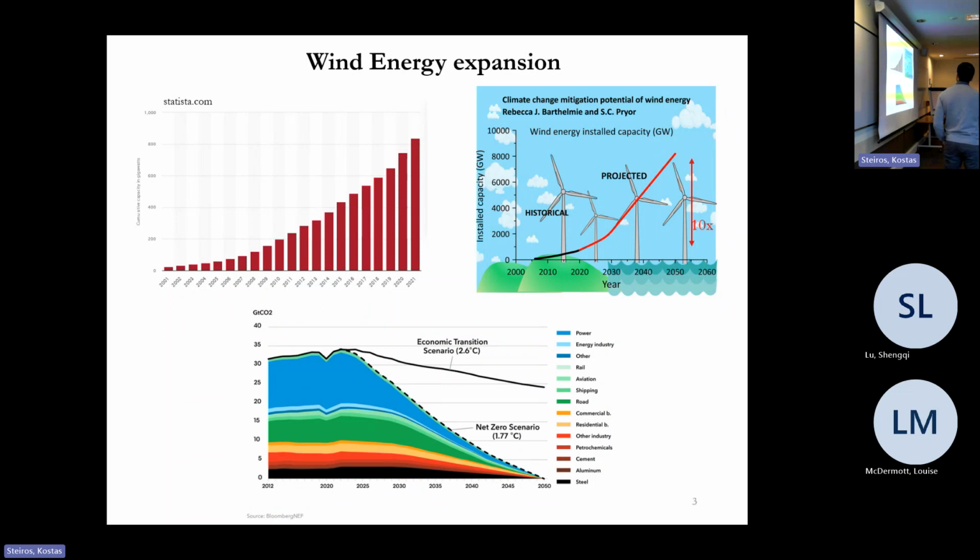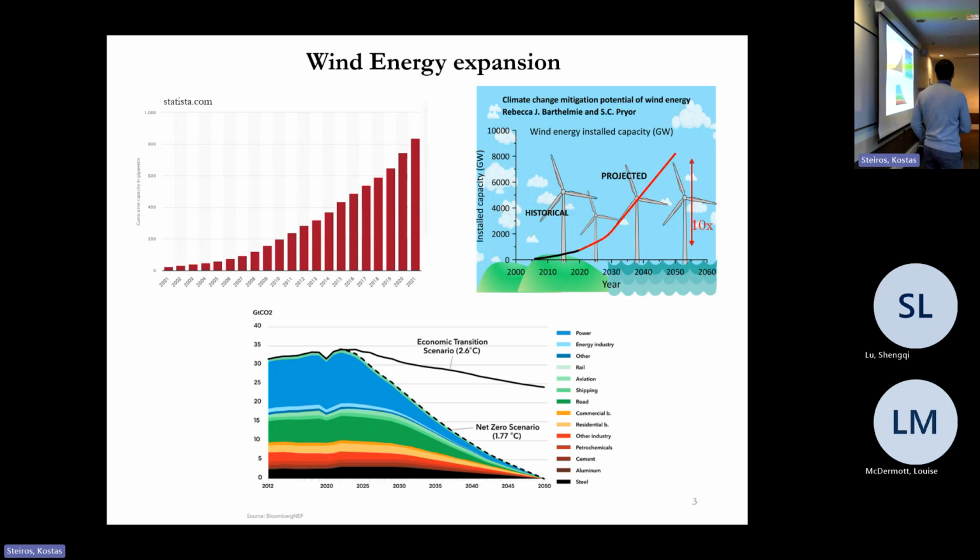You can see here that these are the historical data, but these are the projections. And you can see that the projected curve is almost exponential. And we end up at 2050 with an almost tenfold increase of installed wind turbine capacity, at least this estimation compared to now.